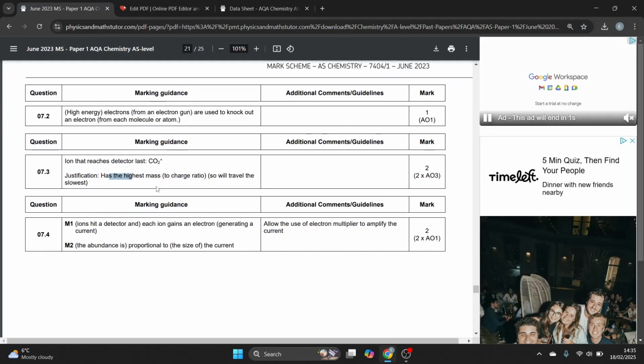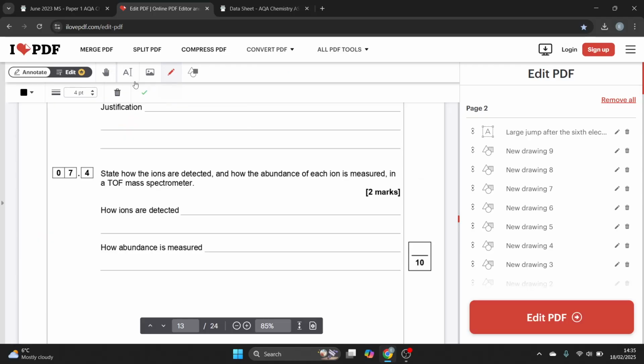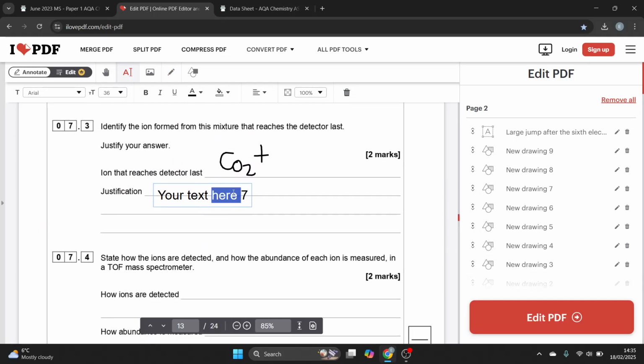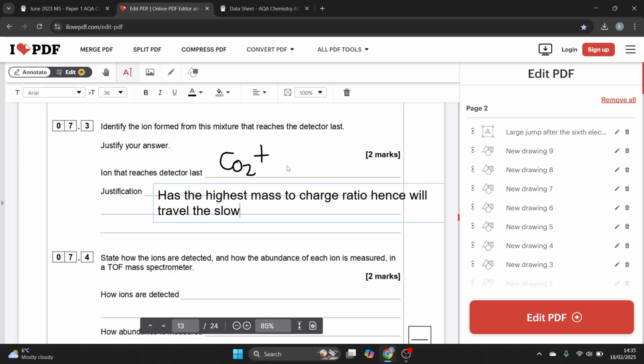It has the highest mass to charge ratio, hence will travel the slowest.